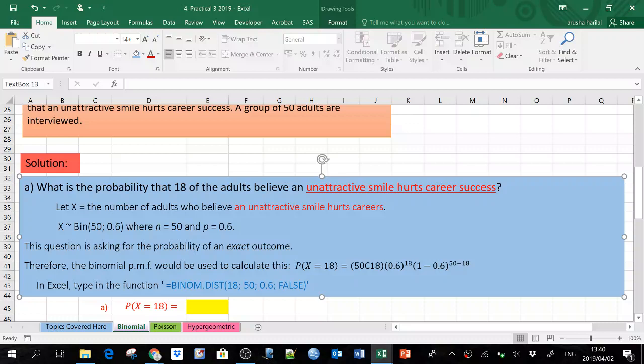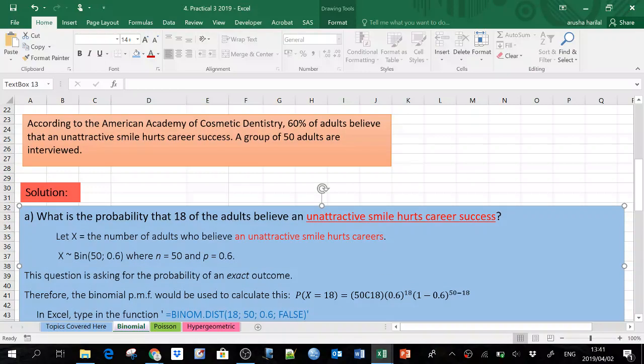Also, look at the way the question is phrased, and that will help you define your random variable. The first question said, what is the probability that 18 of the adults believe an unattractive smile hurts career success? Now, let us define X to be the number of adults who believe that an unattractive smile hurts career success.